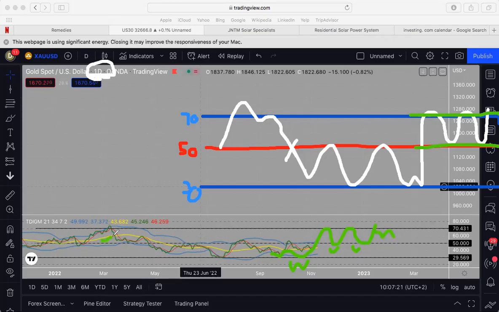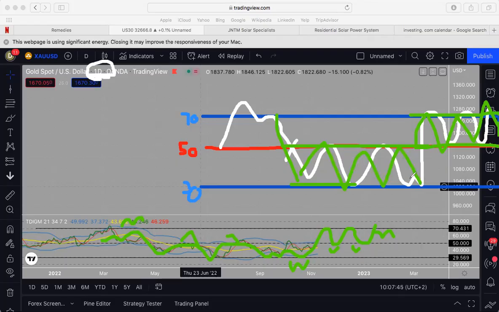When in a downtrend, price will go level 1, level 2, level 3. So this will be M, A, W, okay? When in an uptrend, price will oscillate between the 70 and the 50. When in a downtrend, price will oscillate between the 50 and the 30, okay?